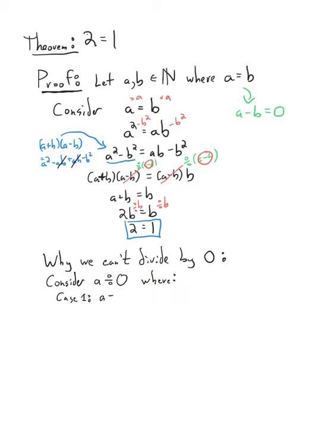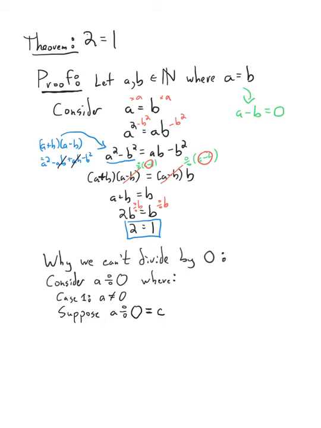Let's do case 1, where a isn't 0. So it's some whole number that isn't 0, some counting number, divided by 0. Well, let's pretend we can. So let's suppose, and this is kind of like a proof by contradiction, suppose that a divided by 0 actually has some answer c. I'm not going to deal with the remainder in this case.